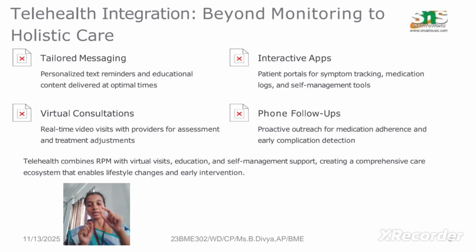After analyzing the heart rate, the data we get can be given as a text message to the clinical tester. That is called tailored messaging. Once he sees the text, he will find whether it is in the correct range or not. If it is not, he will be able to reach out to the patient and treat as needed. Or else, if the range is normal, that will be fine.